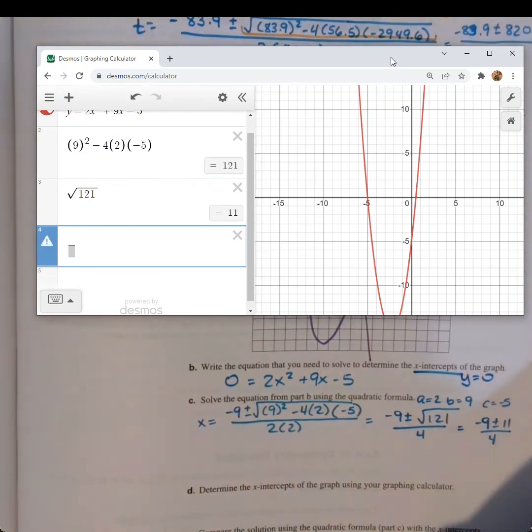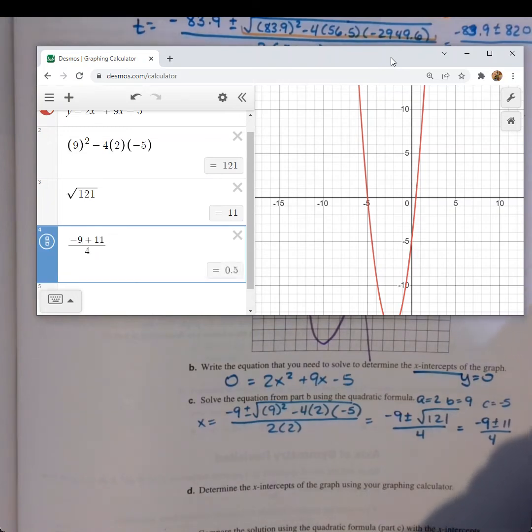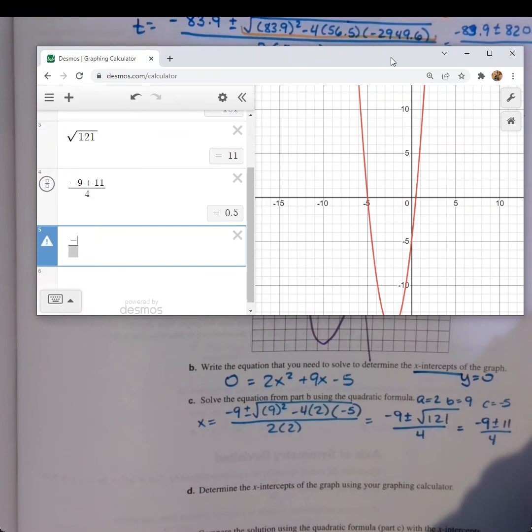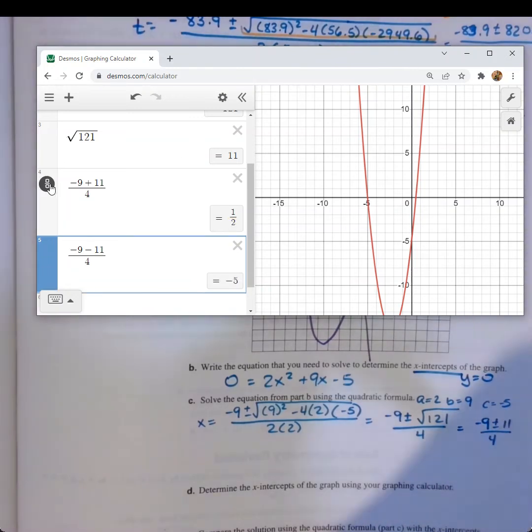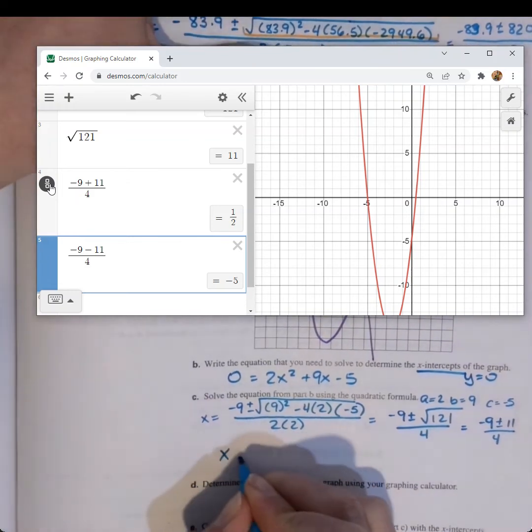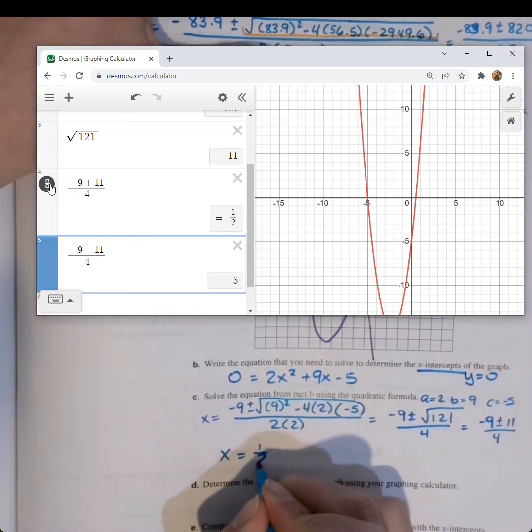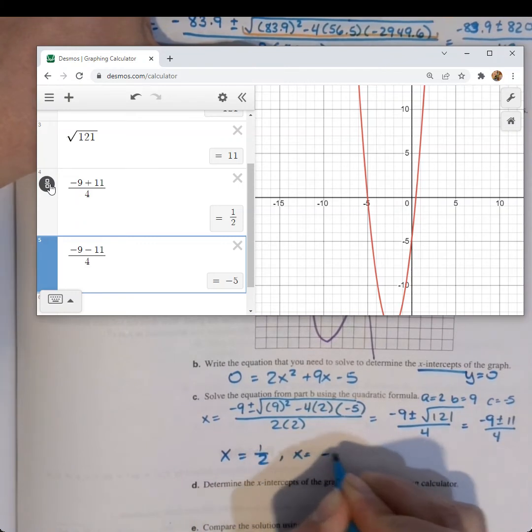So one of the fractions is going to have -9 plus 11 over 4, and the other one's going to have -9 minus 11 over 4. And usually you would want to have those both in fractional form if necessary or possible. So I'm going to go ahead and write my answers as 1/2 and -5.